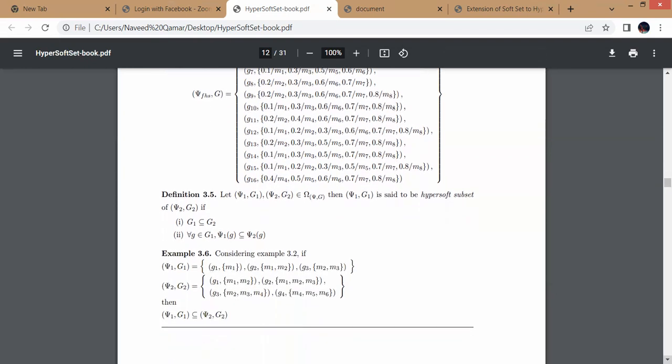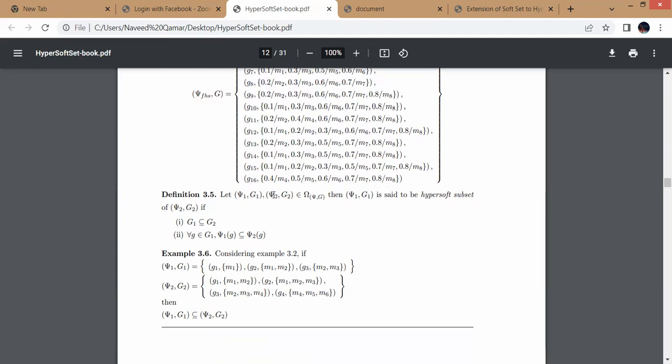So here is another definition, of a hypersoft subset. This definition is simple, same as the definition of a soft set. So here are two hypersoft sets, one and two. These are simply notations.